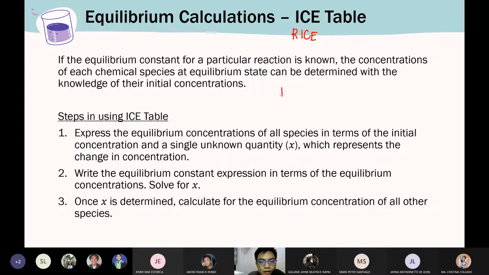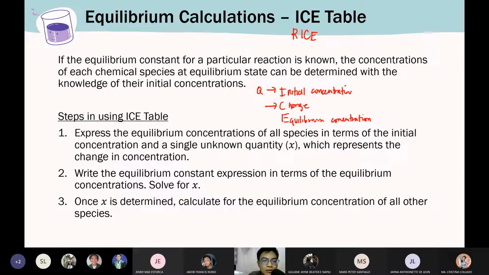ICE stands for initial concentration, change, and then equilibrium. Kumbaga, yung Q natin, that is our initial.